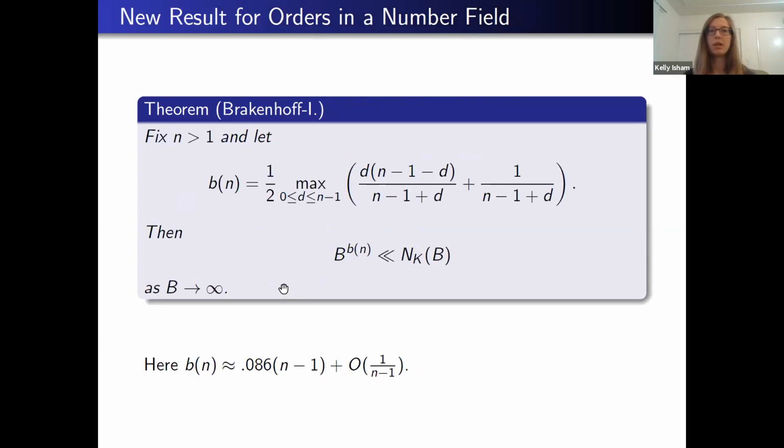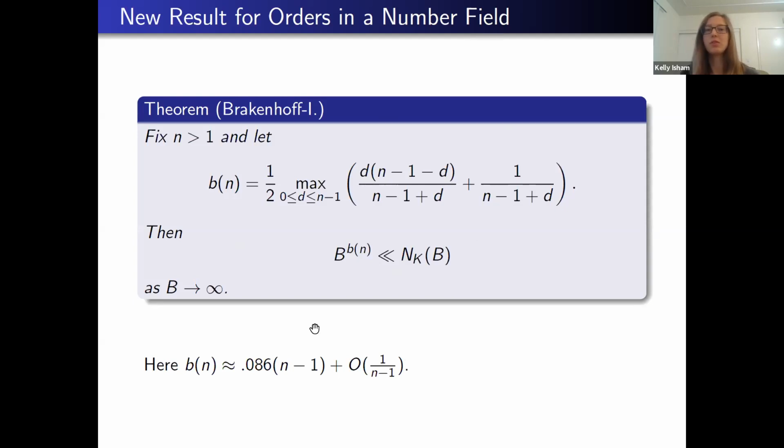So if we look back at that Brackenhoff theorem from before, and then we apply some sort of transformation from subrings to orders in a number field, we get that the asymptotic growth of orders ordered by discriminant is bounded from below by b to this function here, which is just 1/2 of what we had before.